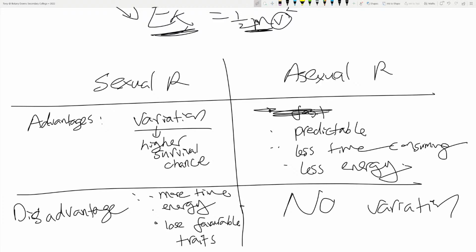But if there's a change in the environment, certain individuals in the population may have genes or traits that allow them to survive better and longer, and they can have children and pass on the genes. That's essentially it.